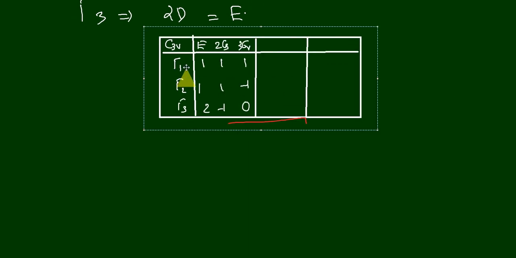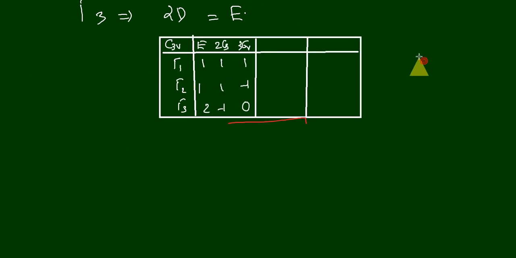Instead of gamma 1, gamma 2 and gamma 3, I can write A1, A2 and... I'm sorry, A1, A2 and E. Okay.